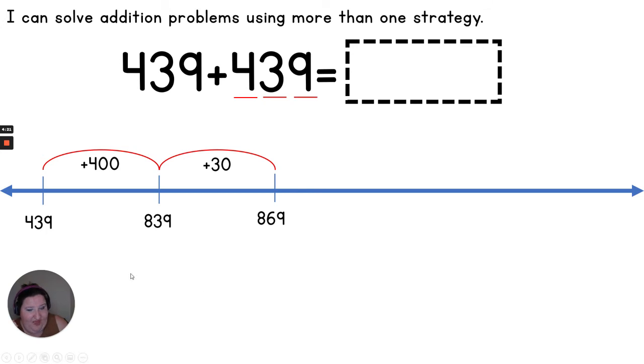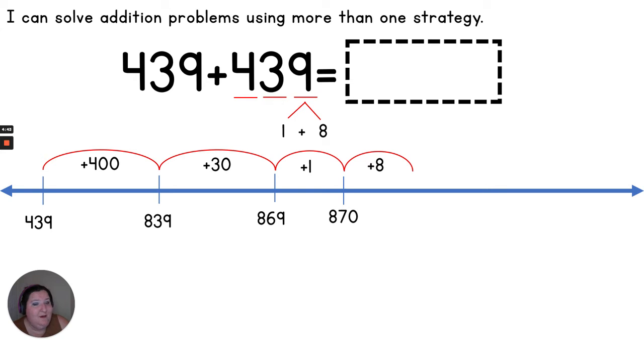So what if we took 9 apart and made it 1 plus 8, so that we can add 1 to 869 to get to 870? Then all we have to do is add in those 8 extra ones, and we'll have an answer: 878. We solved it! Yay! And the crowd goes wild.